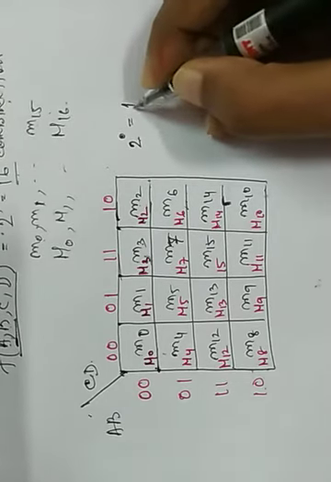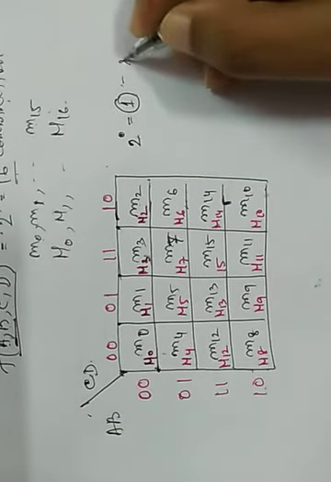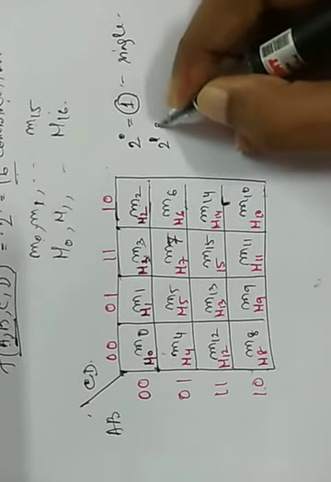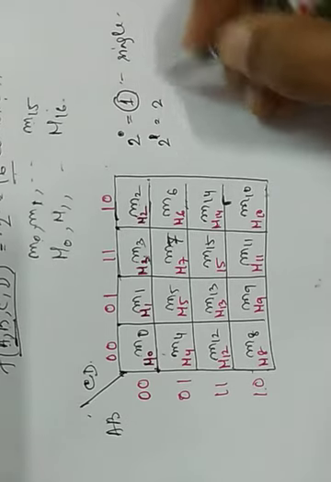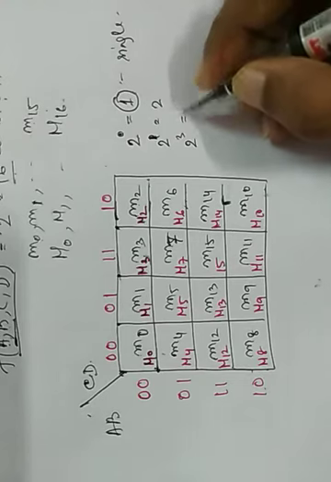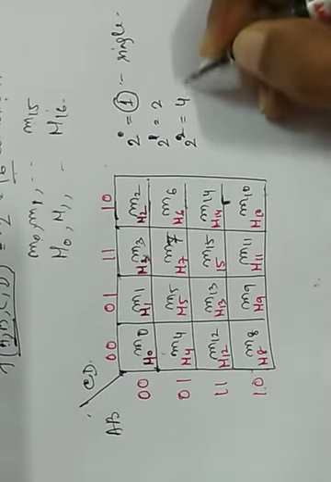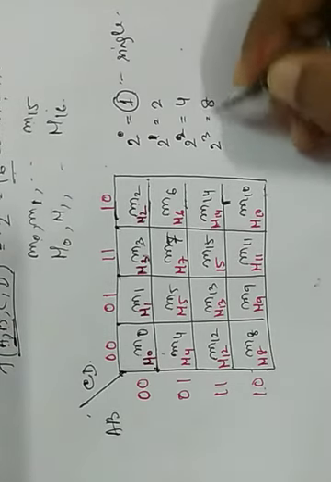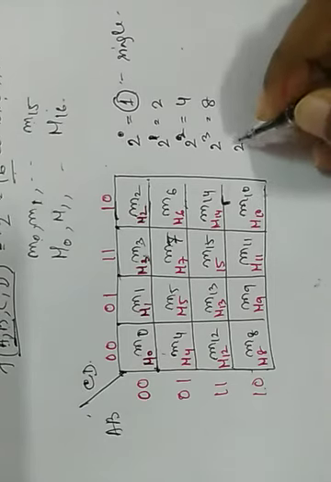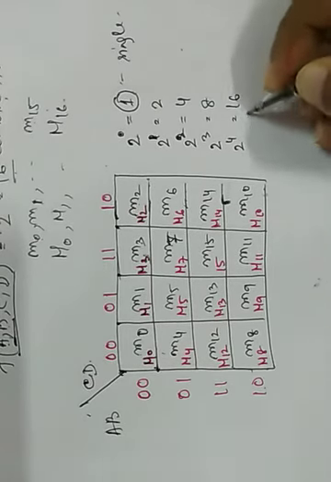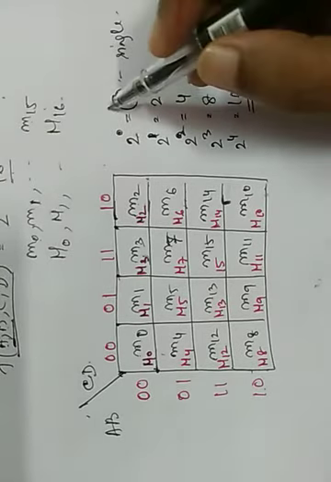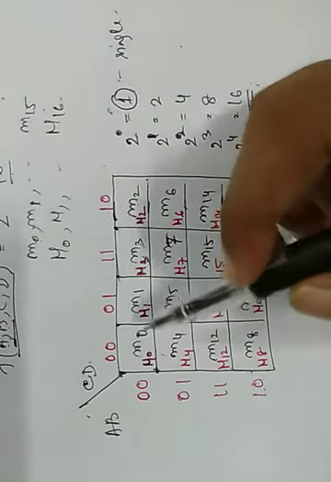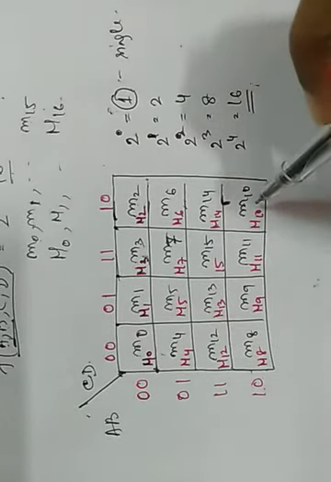As 2 to the power 0 is 1, we can take one single 1 into consideration. 2 to the power 1 means 2, we can take 2 ones. 2 to the power 2 means 4, we can combine 4 ones. 2 to the power 3 means 8, we can combine 8 ones, and maximum 2 to the power 4 is 16, we can combine 16 ones. We can combine ones in this sequence, and we cannot combine any ones in diagonal ways.